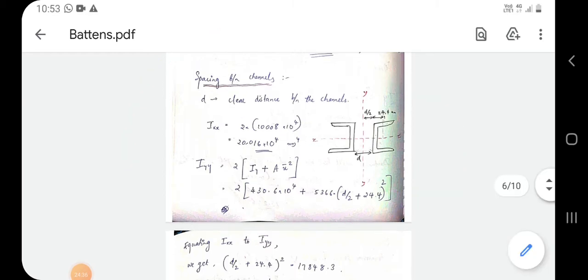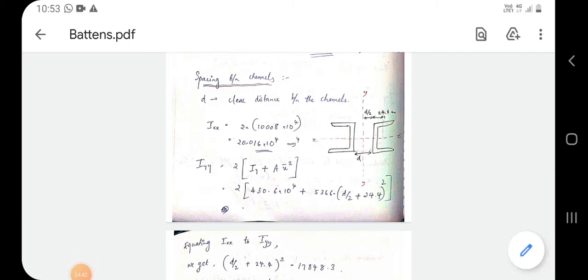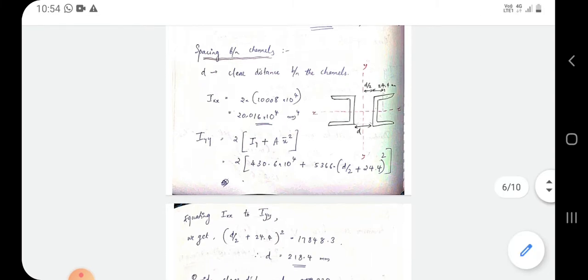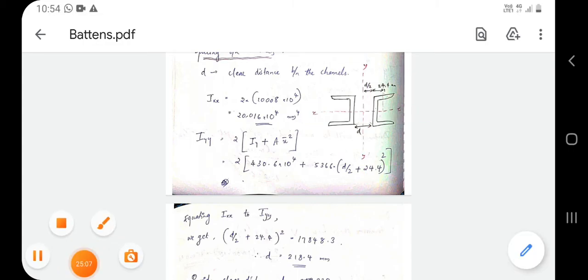So the channels are placed back to back, and to find the clear spacing between the two channels, we have to find the moment of inertia about both the axes, because this is a built up column. We have two sections, so in x direction and y direction we are finding moment of inertia.